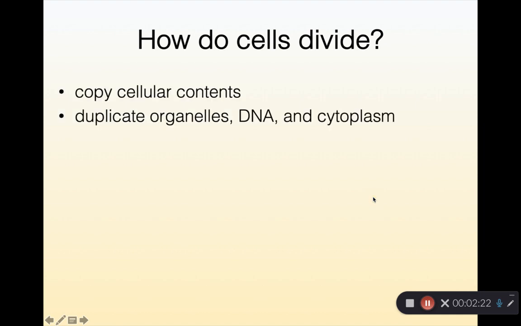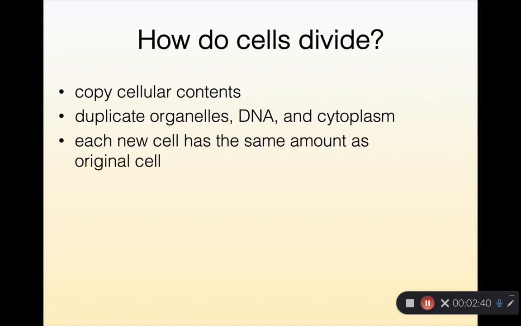The first thing that really needs to happen is we need to copy all the cellular contents. So we need to copy all the organelles that exist. We have to also duplicate our DNA, which we talked about in our last lecture. And you also have to duplicate the amount of cytoplasm that's within a cell. And again, the end goal of this is that each new cell has the same amount as the original cell.